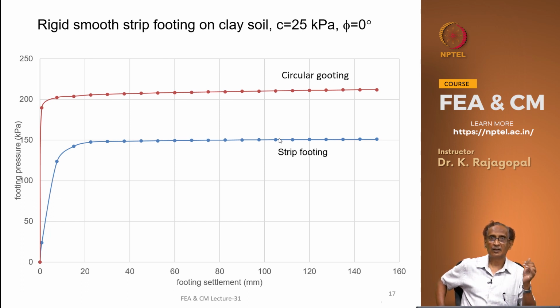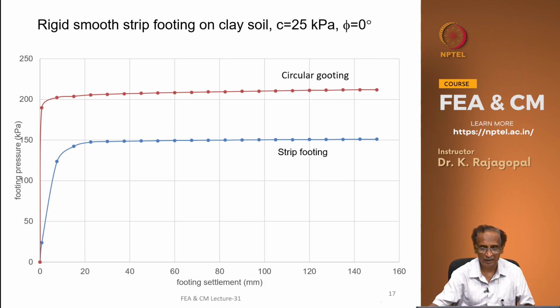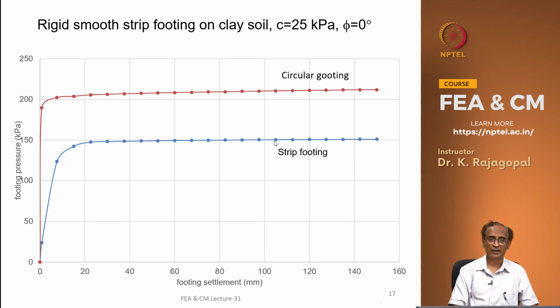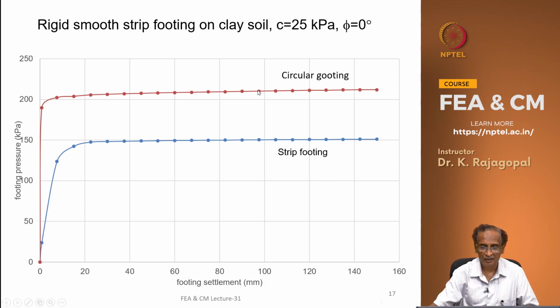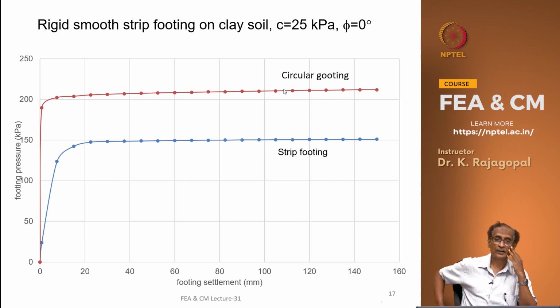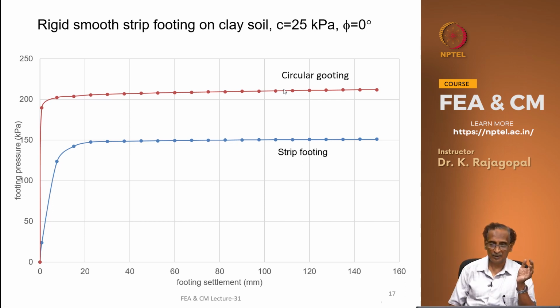Actually, as per Terzaghi's theory it is 5.7, whereas as per Vesic's theory it is 5.14. So, it is not bad. We have used a very coarse mesh, but still we got a value of Nc very close to about 5.7. And we also know that a circular footing will have a higher bearing capacity by about 30%.